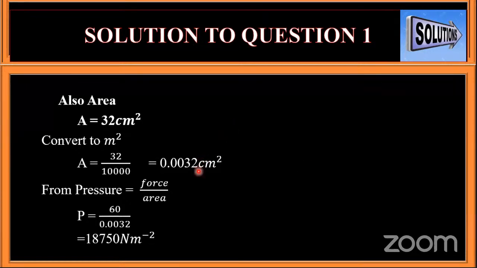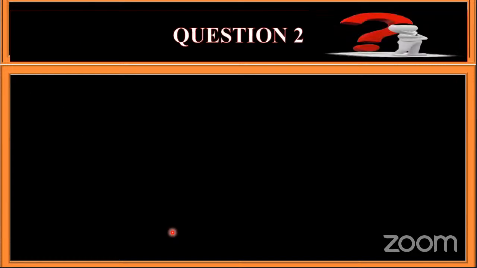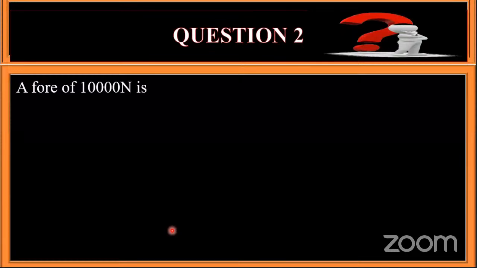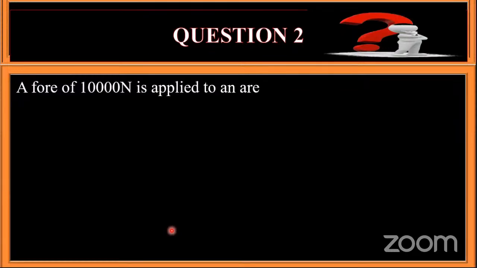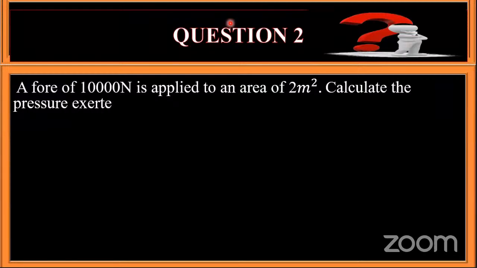So I was asking you whether you have got this well. Yes, teacher. Very good. Now we are going to go to example number 2. Example number 2 is right up there.